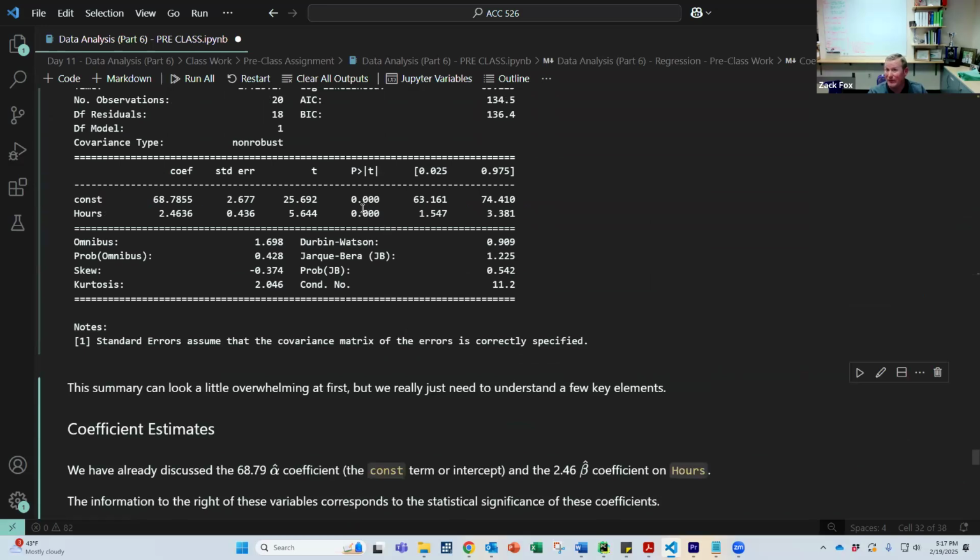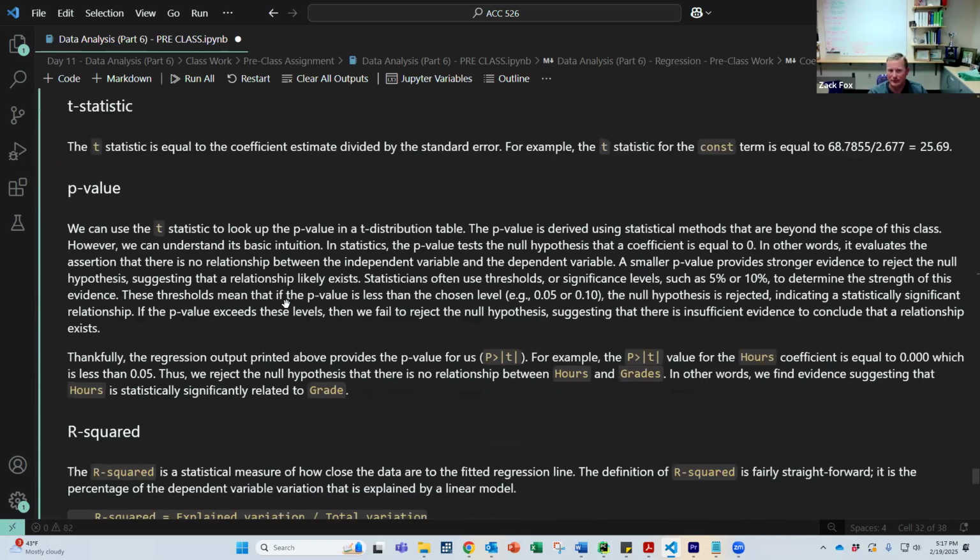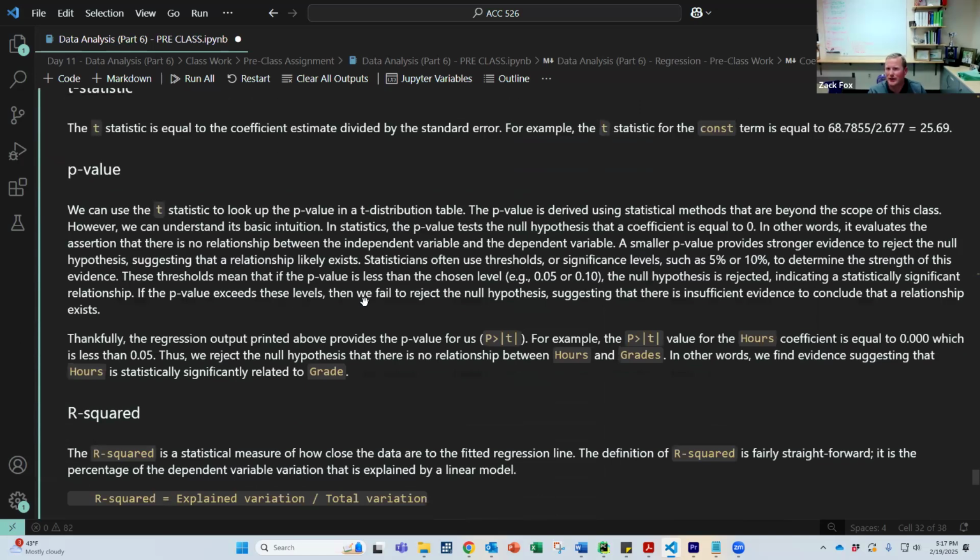That's a very, very low p-value. This suggests that the variable hours is significantly related to improving your grade. In other words, we find evidence suggesting that hours is statistically significantly related to grade.